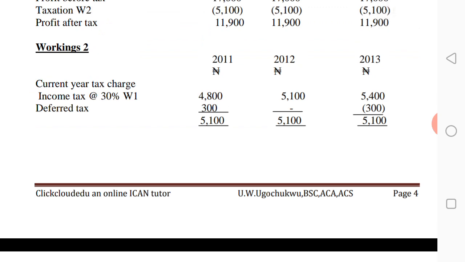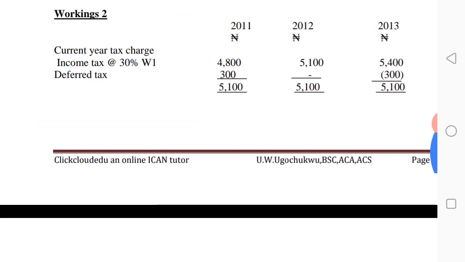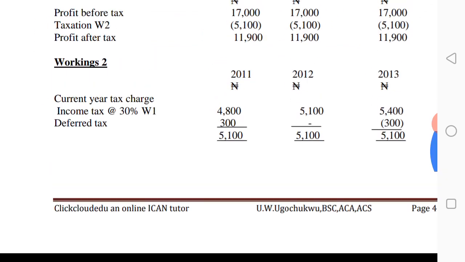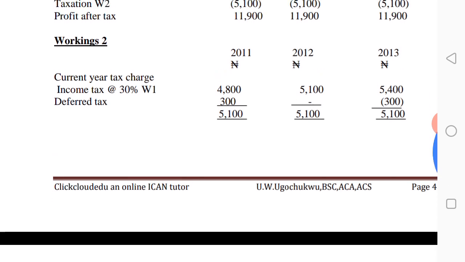Then the next thing is that we will adjust for what? Your deferred tax. Remember that we said deferred tax also affects our profit or loss. So that is the accounting for deferred tax. Now, how do you get the deferred tax? You must compute the temporary difference. That means you must draw a schedule that will show all the items.